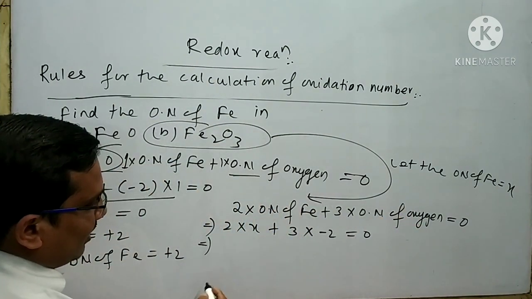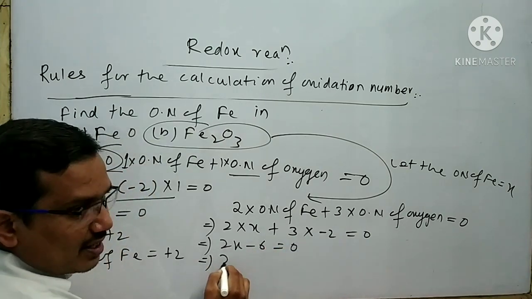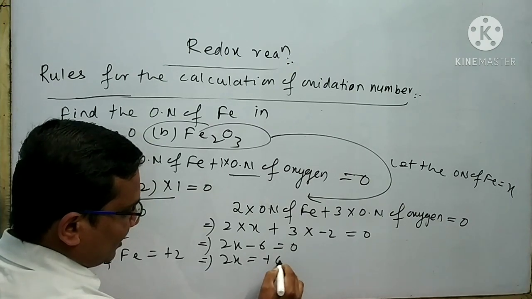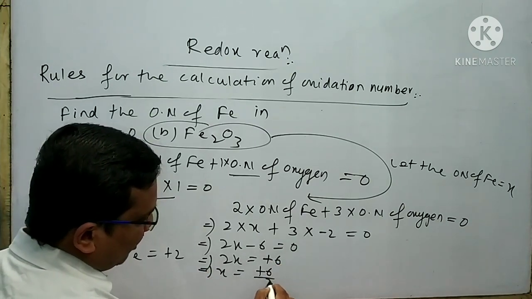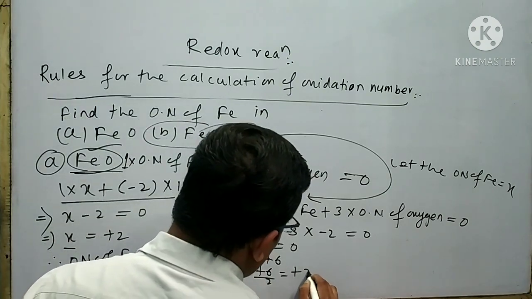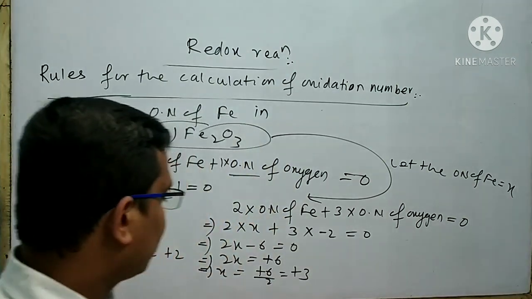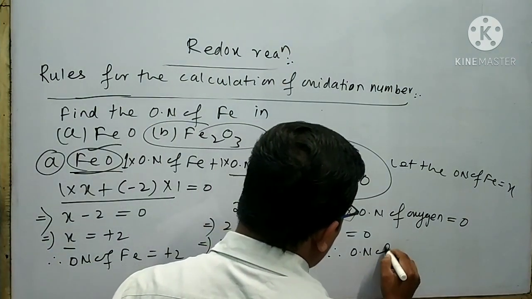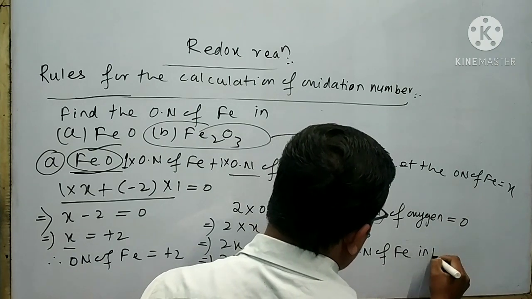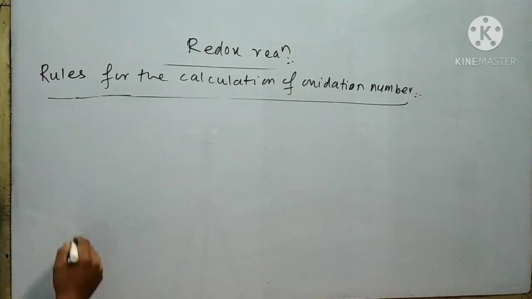That means 2X minus 6 equal to 0. This implies 2X equals plus 6, so X is equal to plus 6 divided by 2, which is equal to plus 3. Here X is the oxidation number of iron, so the oxidation number of iron in Fe2O3 equals plus 3.